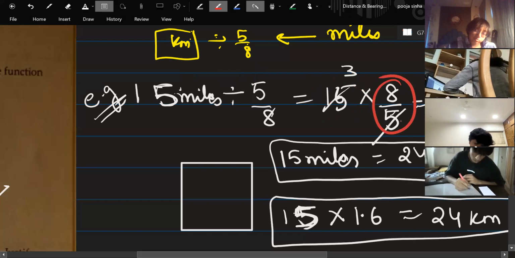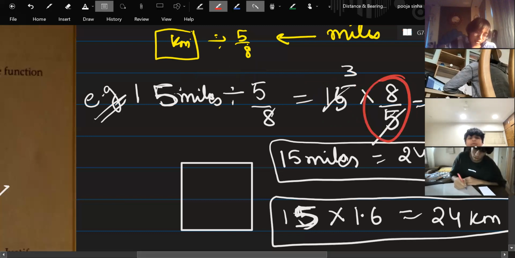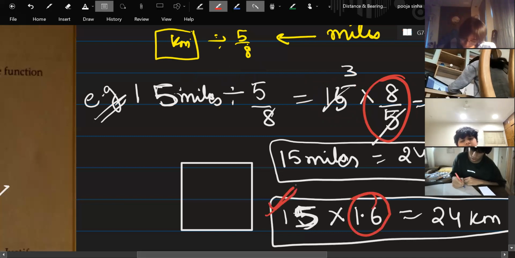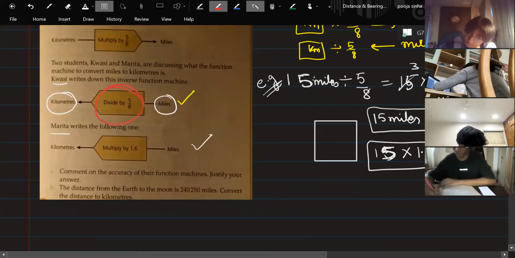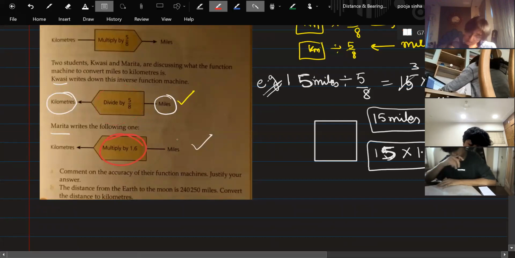What do you get when you divide 8 by 5? Oh, 1.6. That's what the other person is saying, which is also correct. So they are actually talking about the same thing. Whether you say divide by 5/8 or multiply by 1.6, isn't it the same thing? So why are they actually fighting with each other? They're both saying the correct thing, right?